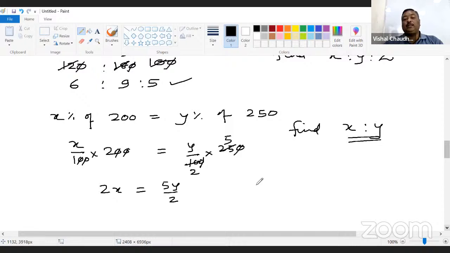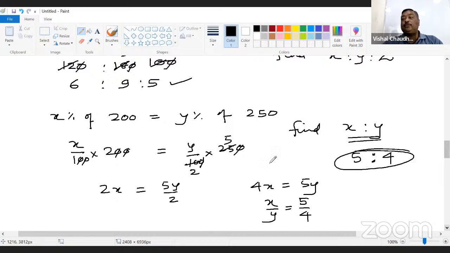Let's take 2 there. So it is 4x is equal to 5y. If we have to find x by y, let's take y here and then your 4 number here. So it will be 5 by 4. X is to y, what will it be? It will be 5 is to 4. Is it clear, guys? Hello, people. Is it clear?